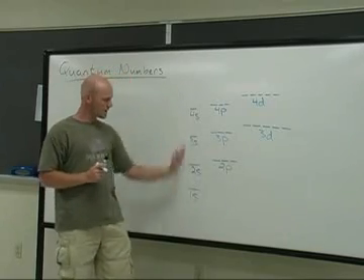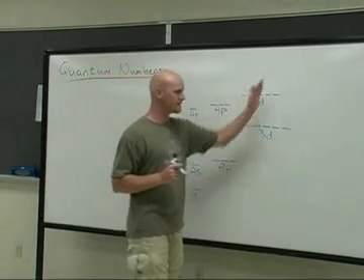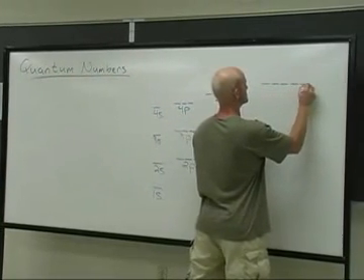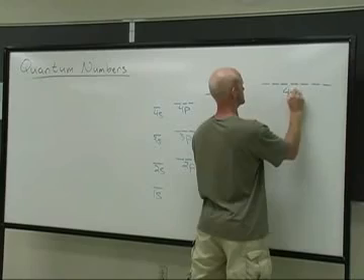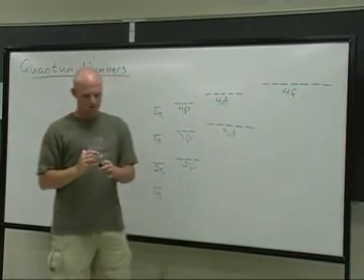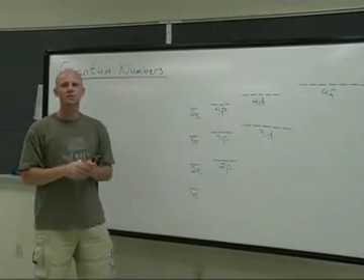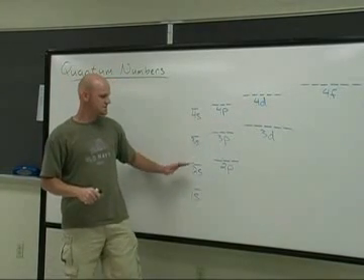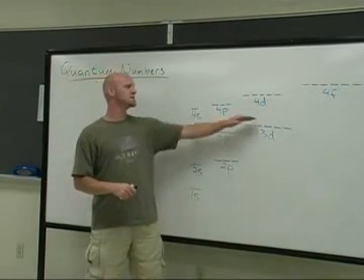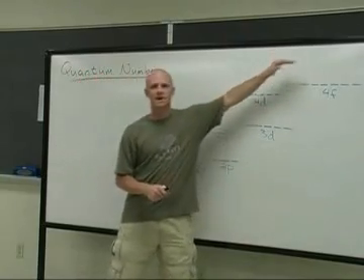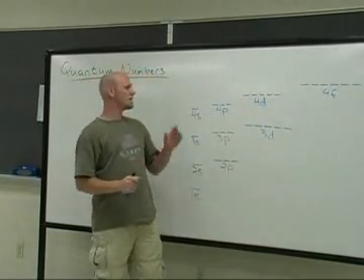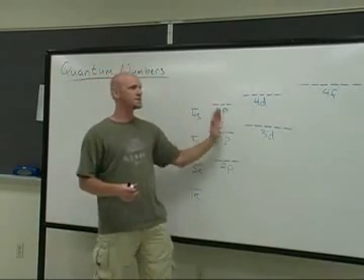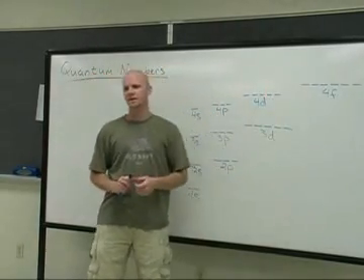Notice 1, 3, 5, 7. Every time you go up a shell number, you get a new type of orbital, a new subshell. Shell 1, S. Shell 2, S and P. Shell 3, S, P, and D. Shell 4, S, P, D, and F. And if you go across the subshells, the number of orbitals goes 1, 3, 5, 7. It just counts on the odd numbers.